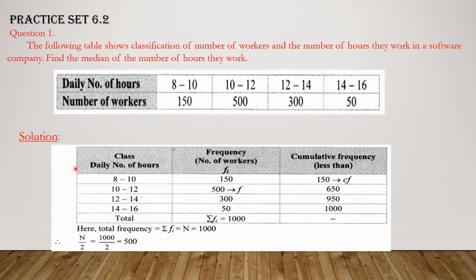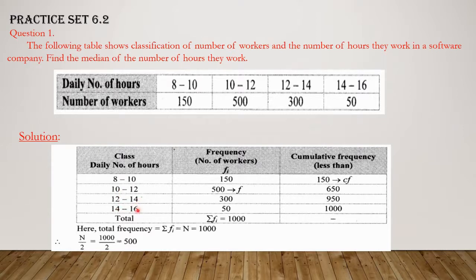In this table, we need three columns. The first column is the class, the second is frequency, and the third is cumulative frequency of less than type. The classes are 8 to 10, 10 to 12, 12 to 14 and 14 to 16.